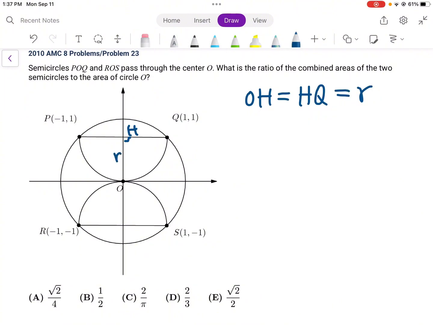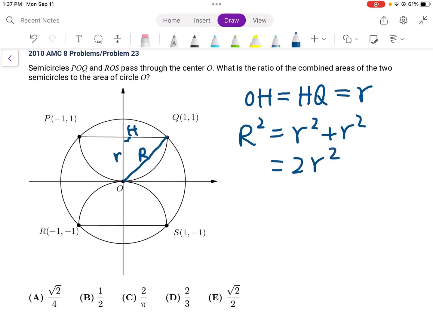And for the larger circle O, its radius is OQ. We assume that is capital R. So here, because OQH is a right triangle, R squared equals smaller r squared plus smaller r squared, equals 2r squared.